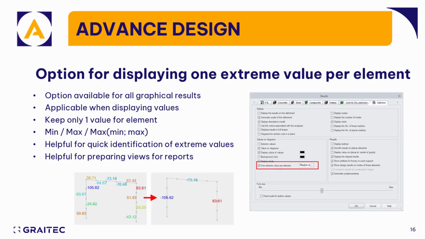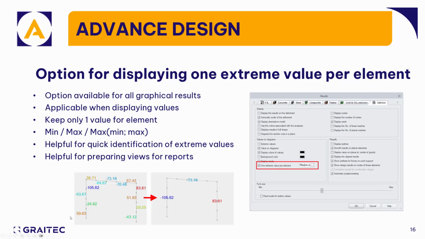Some of these, again, it's going to be an option to display the extreme value per element. We have added this option to the results option view. You can just go there, select, and we have different options there. You can have min, max, or both min and max. It's going to be available for all graphical results, either internal forces, etc. It can also be activated while you're displaying the values.